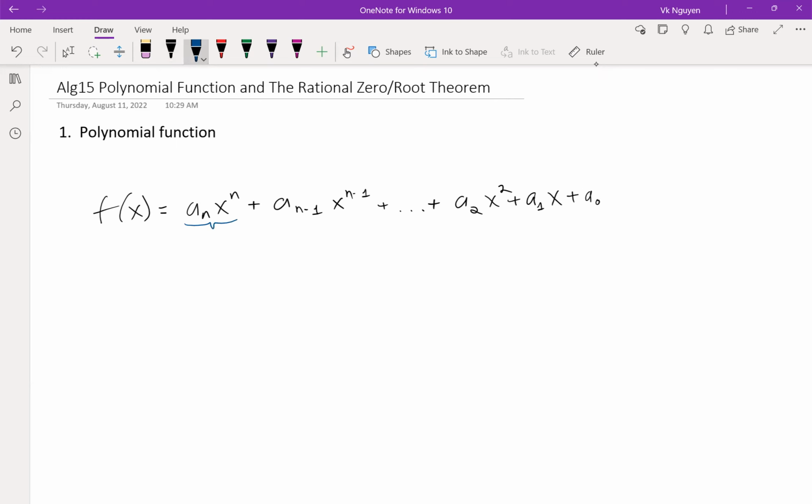A sub n times x to the n, we call it the leading term. A sub 0, we call it the constant term. In the leading term, the number a sub n, we call it the leading coefficient.